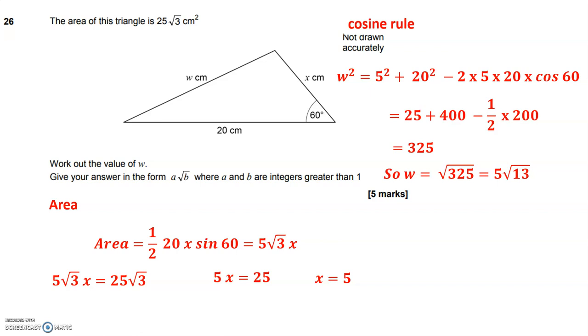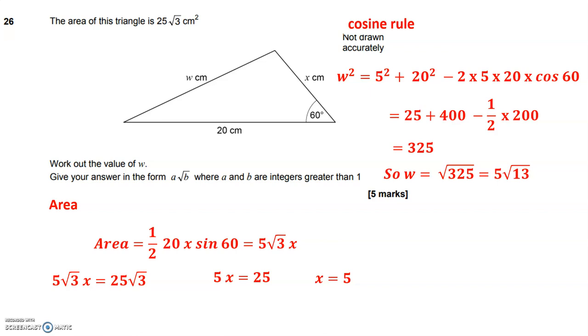Another tricky little bit here, because you've got to be able to spot without your calculator that you can do something with 325, and you realise, well, 325 is actually one whole number multiplied by another. It's in fact 25 times 13, and the square root of 25 is 5, and the square root of 13, well, that's just root 13.